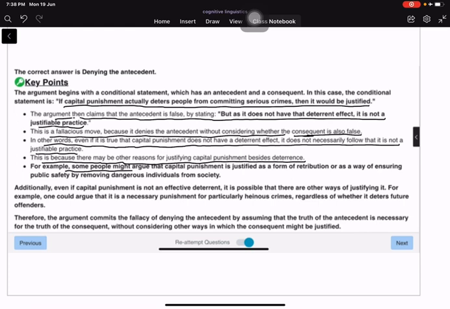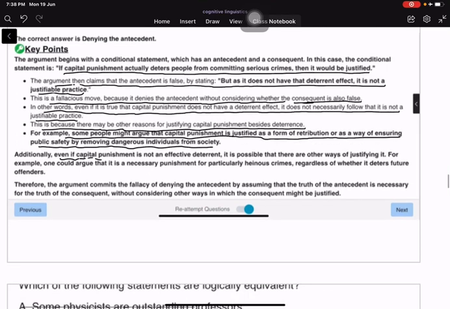For example, some people might argue that capital punishment is justified as a form of retribution or as a way of ensuring public safety by removing dangerous individuals from society. Additionally, even if capital punishment is not an effective deterrent, it is possible that there are other ways of justifying it. For example, one could argue that it is a necessary punishment for particularly heinous crimes, regardless of whether it deters future offenders.